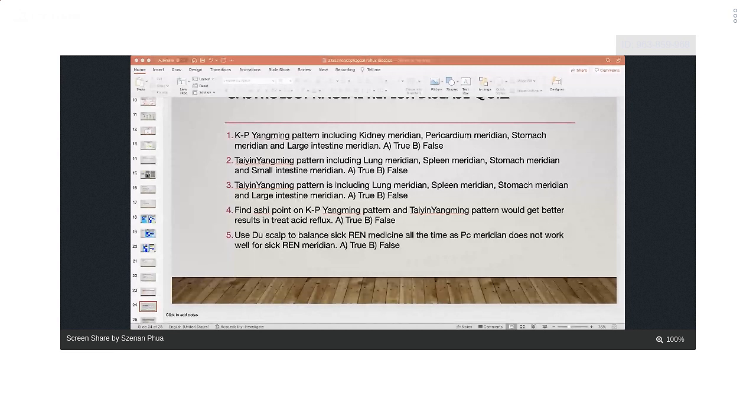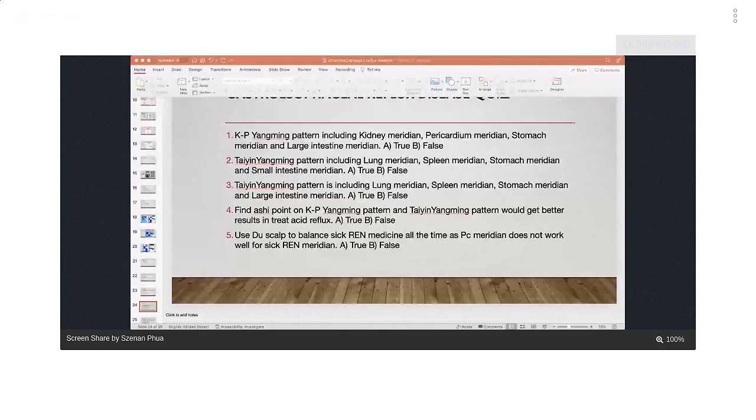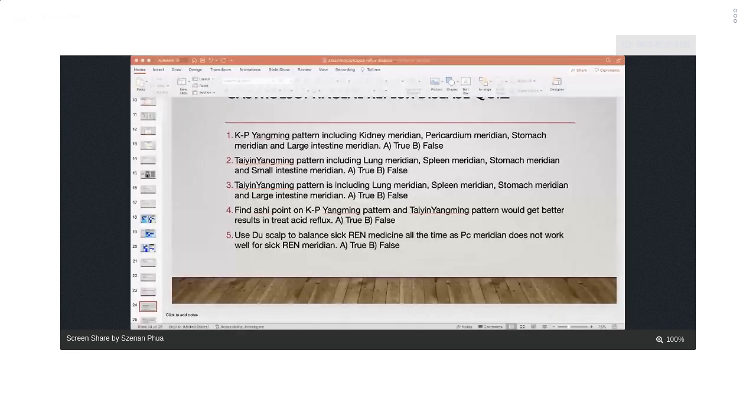Number 5, use 2 scalp to balance the sick meridian, which is the run meridian, all the time, as pericardium meridian does not work well for the sick run meridian. A true, B false. It should be B, false. Why is that?